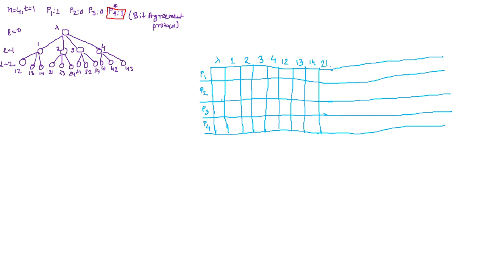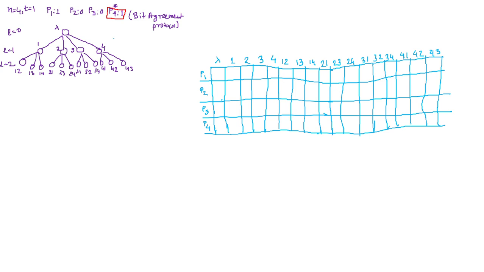We have 2, 1, 2, 3, 2, 4, right? We have 3, 1, 3, 2, 3, 4, 4, 1, 4, 2 and 4, 3.